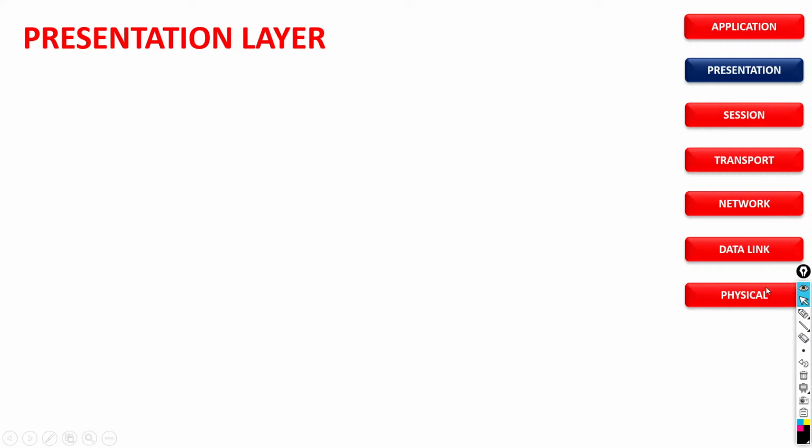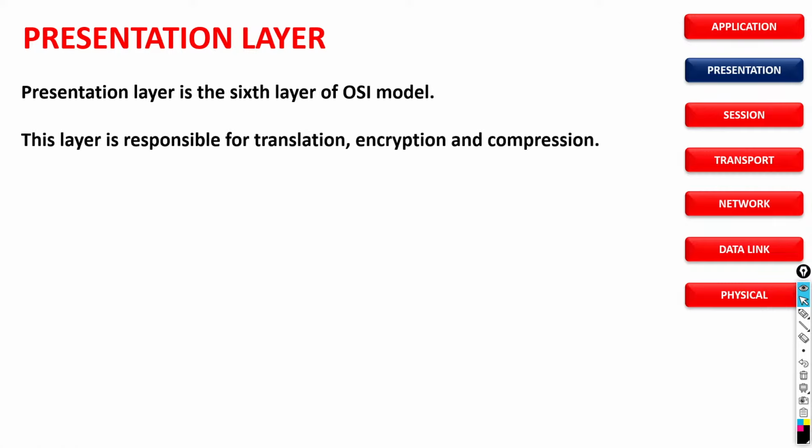Now next is the presentation layer. The presentation layer is the sixth layer of the OSI model. This layer is responsible for translation, encryption and compression. Whatever data you are sending, it is going to be encrypted, because the network is not safe, as everybody knows.